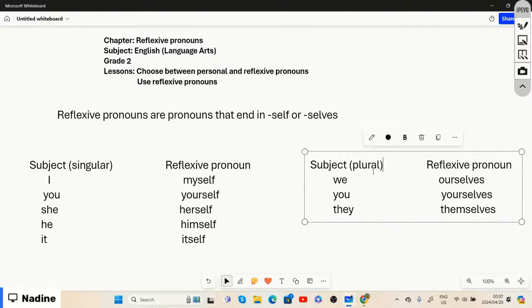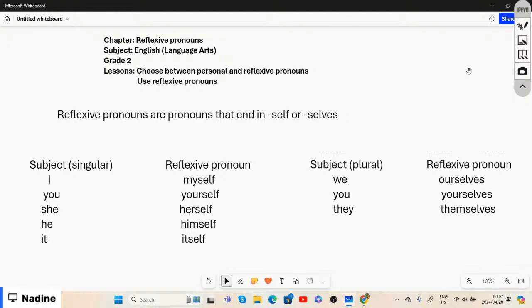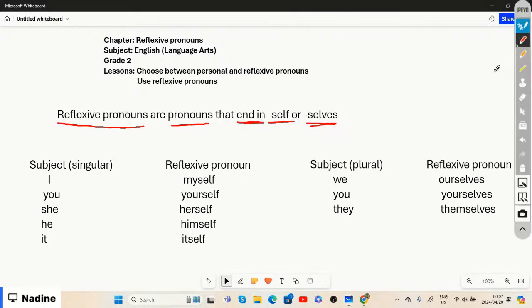When we have a singular subject, which refers to making mention of one person, our reflexive pronoun is going to end in self, which is S-E-L-F.